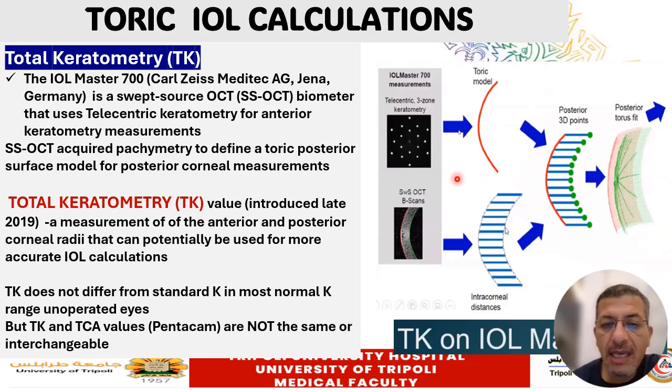In the IOL Master, they measure the anterior and posterior surface, but by certain mathematical calculations it gives you the total corneal power based on the assumed keratometric index, 1.3376. The idea is to give you a K reading that takes into consideration both the anterior and posterior surface of the cornea, but can still be used with any traditional IOL calculation formula. I hope this is clear now.